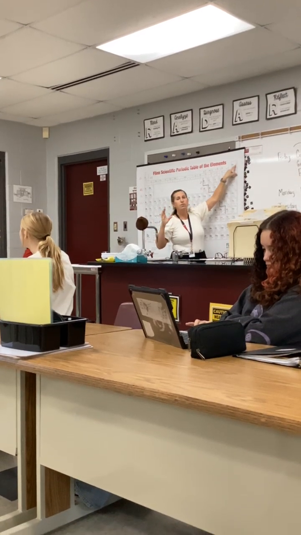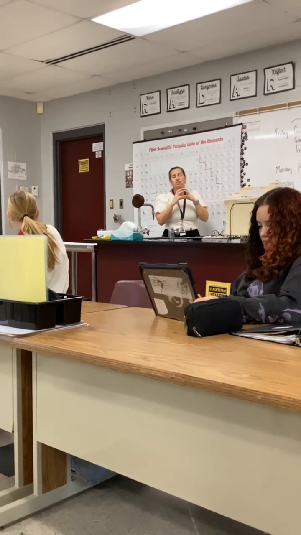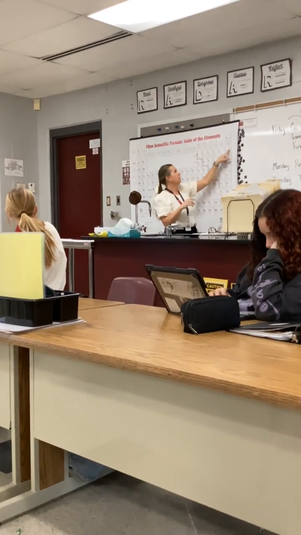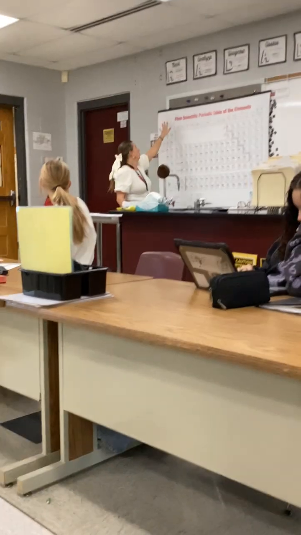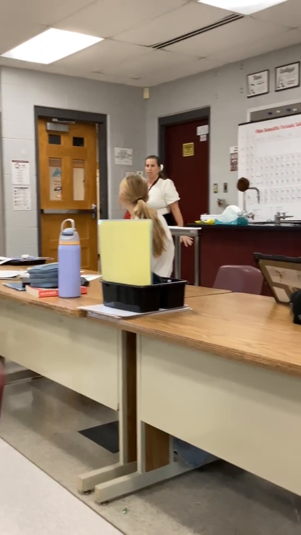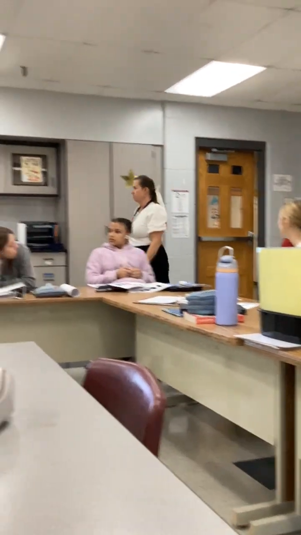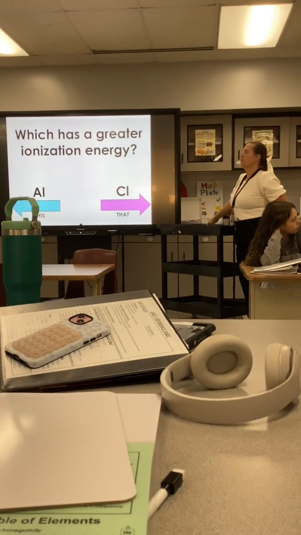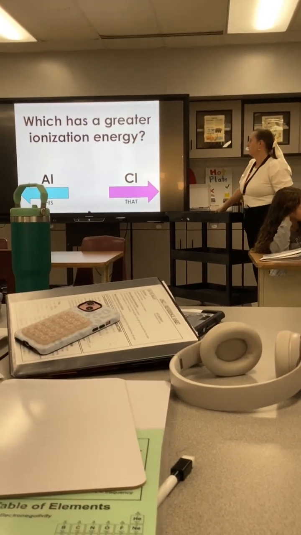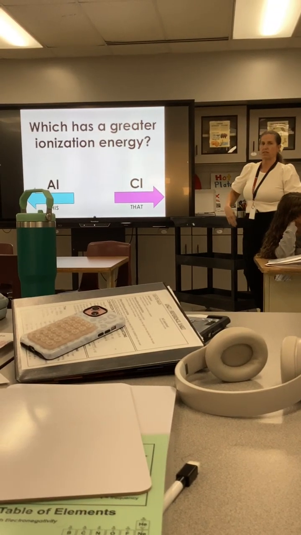It's a full shell, so its electronegativity is going to be 0. So it makes more sense for it to be hydrogen. Which has a greater ionization energy, aluminum or chlorine?